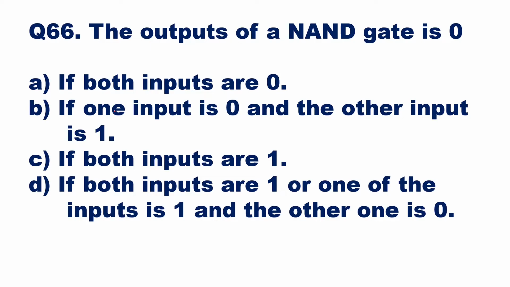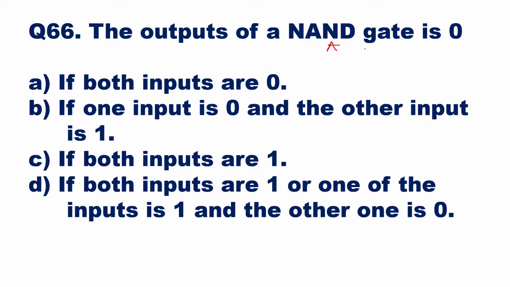The output of a NAND gate is 0 if both inputs are 0, if one input is 0 and the other input is 1, if both inputs are 1, or if one of the inputs is 1 and the other one is 0. Again we have to come to the truth table. We know the truth table of the AND gate, and from it we will develop the truth table for the NAND gate.